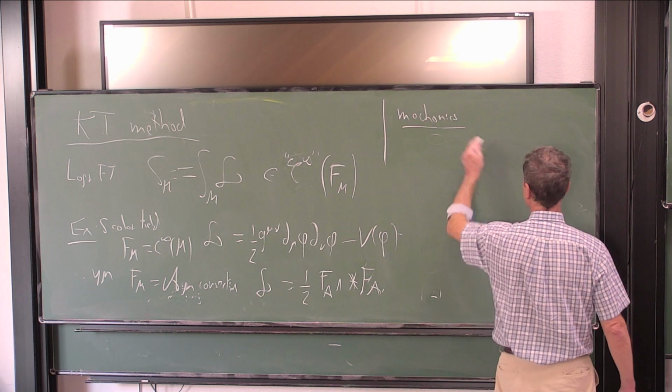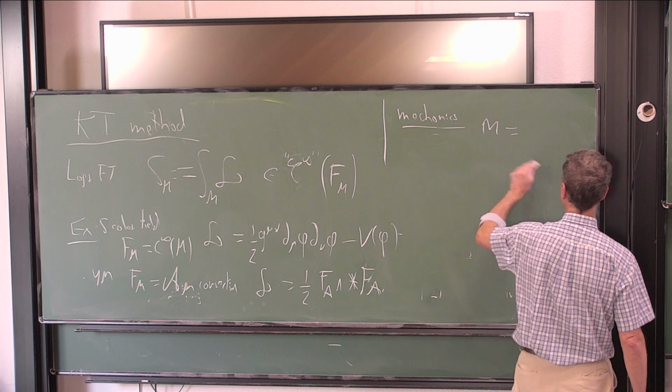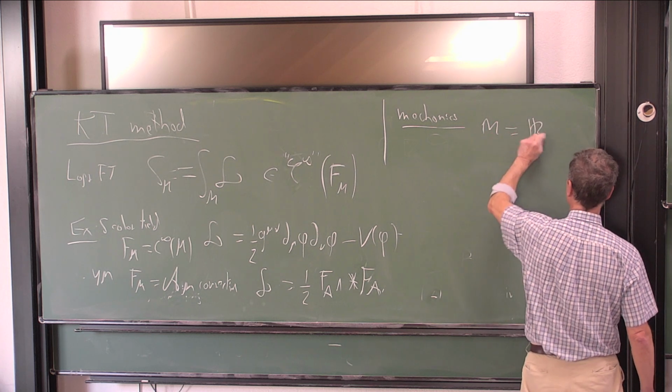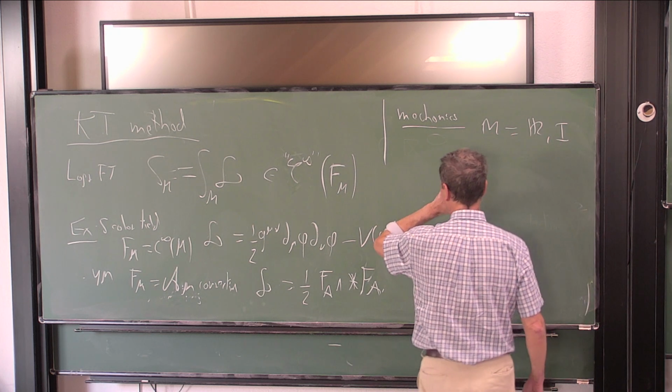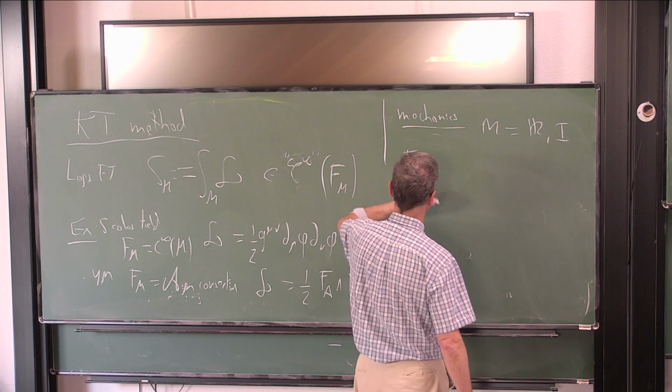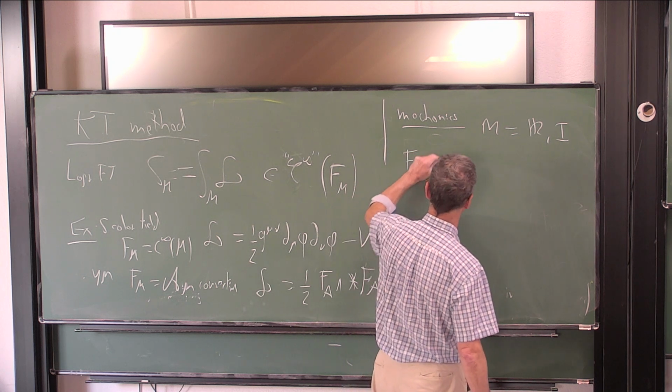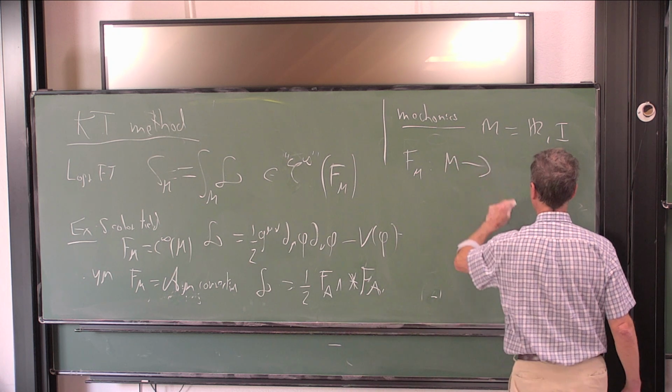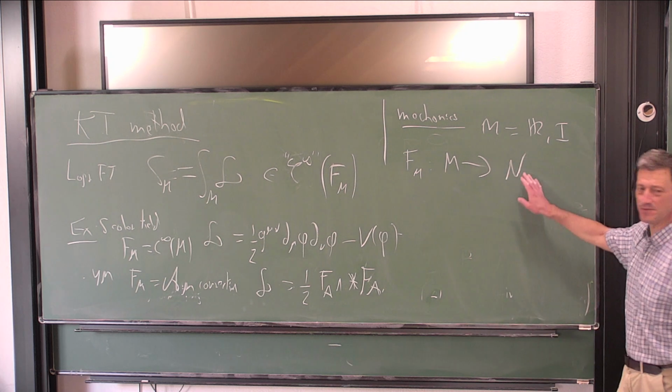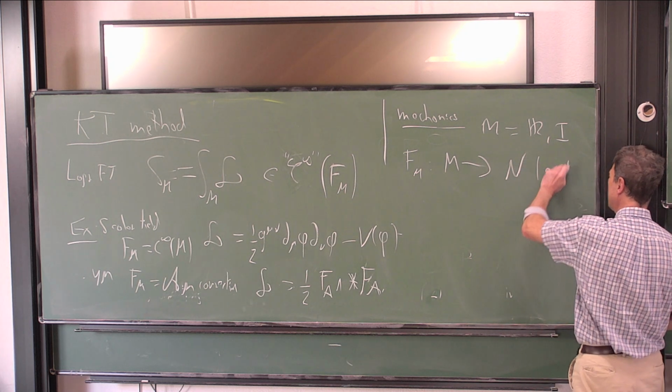In this case, the manifold is necessarily either R or some interval, and the space of fields are maps now from M to some other manifold N, for example R^n.